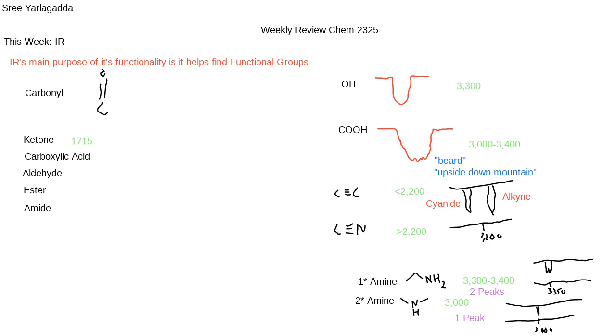And then in green, I'll write the values. So carboxylic acid is around 1710. So let me actually put it right here. Okay. Aldehyde is around 1720.